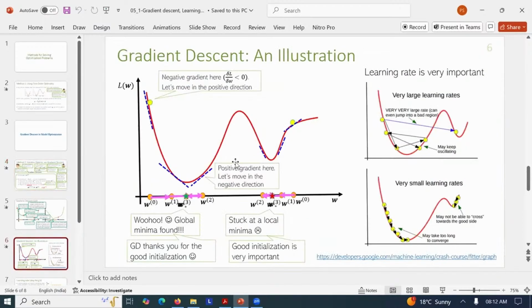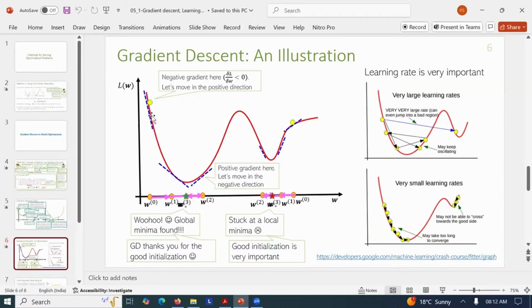Then we also discussed several examples. Let's say we want to reach this position, where the function attains its minimum value for this particular value of the unknown. How can we reach it if we always move in the opposite direction of the gradient?